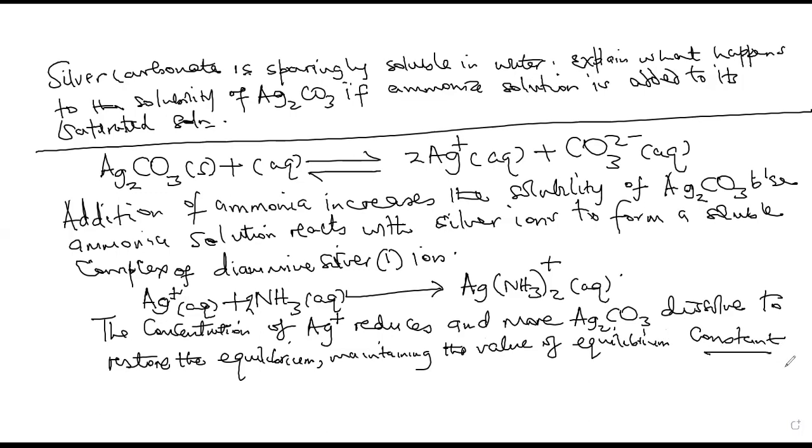Actually, you should note that ammonia solution has the same effect on the solubility of sparingly soluble copper 1 chloride. Even if it is copper 1 chloride, provided there is formation of a complex in that substance, then it is the same effect.